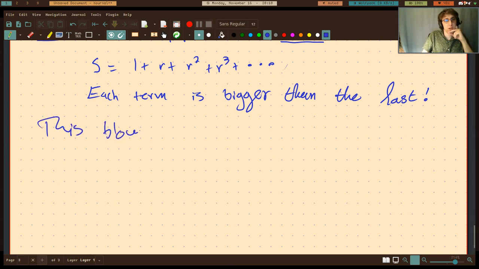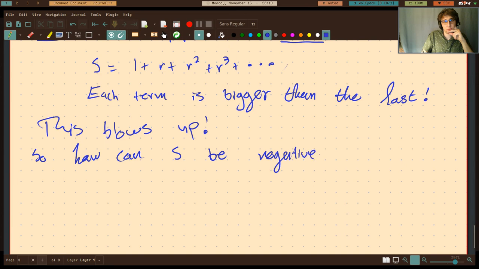So how can s be negative and positive? Furthermore, how can it be finite and infinite at the same time?